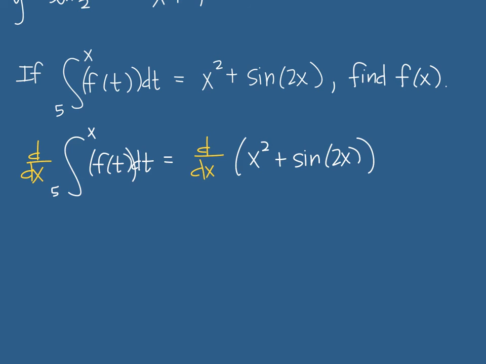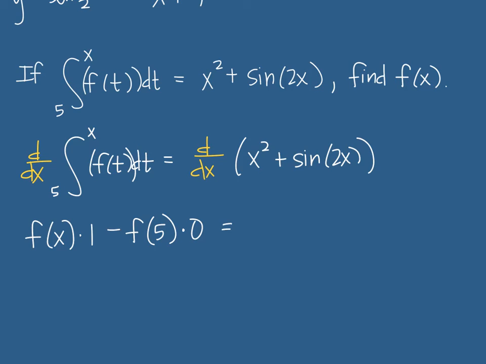On the left side, I keep f by itself. I plug in the upper bound of x, and I multiply it by the chain rule of 1. Minus f of 5 times the chain rule of that, which is 0. On the right side, I just take the derivative of each individual piece.